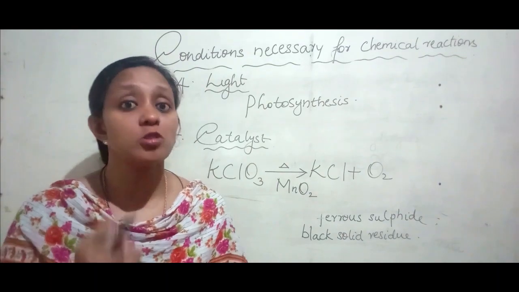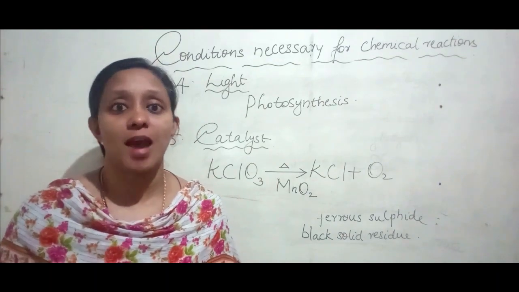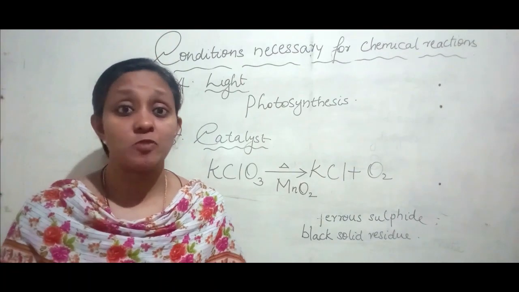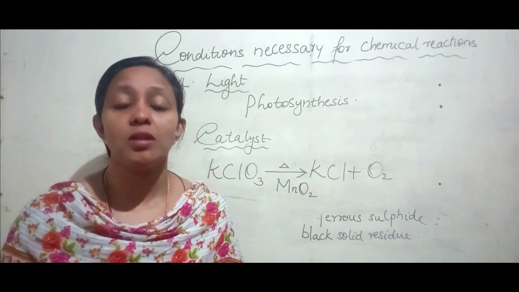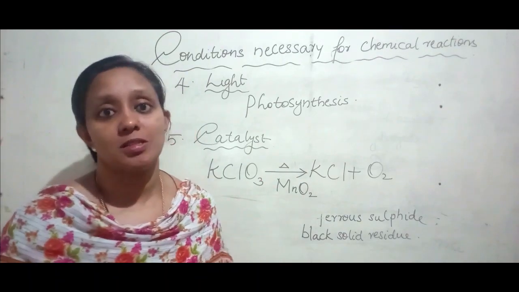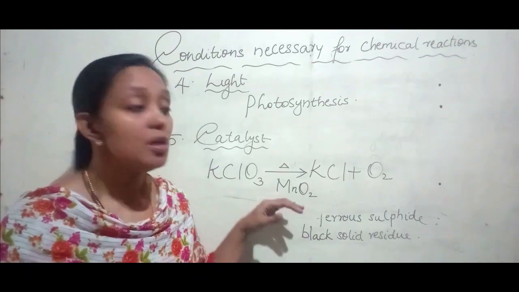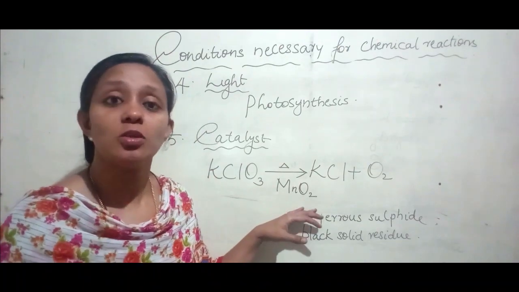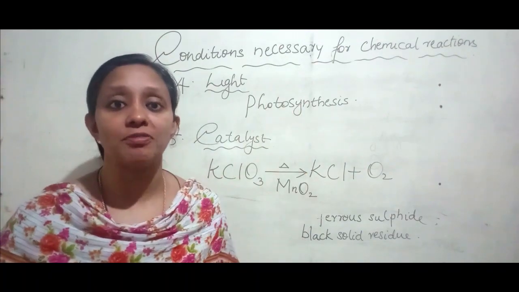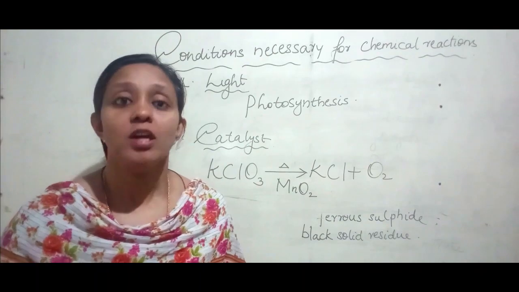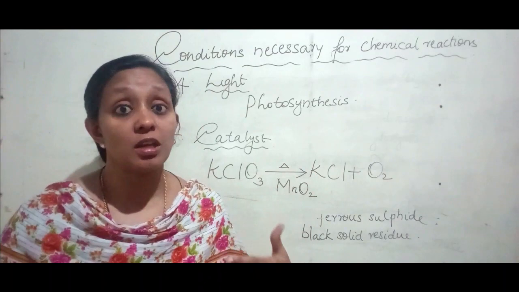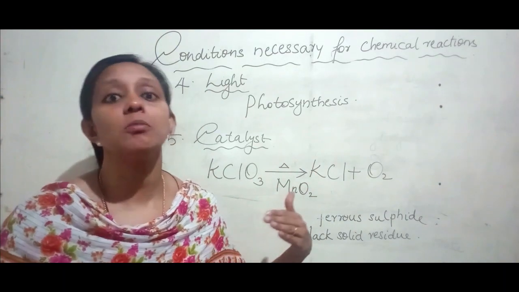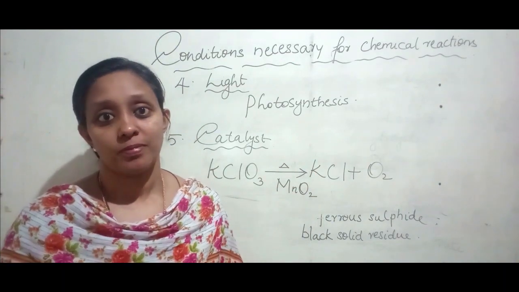Or if you want to slow down a chemical reaction which is taking place very vigorously, you can slow it down with the help of a catalyst. In this reaction, manganese dioxide is used to increase the speed of the reaction. Okay, so a catalyst is a substance which increases or decreases the rate of a chemical reaction.